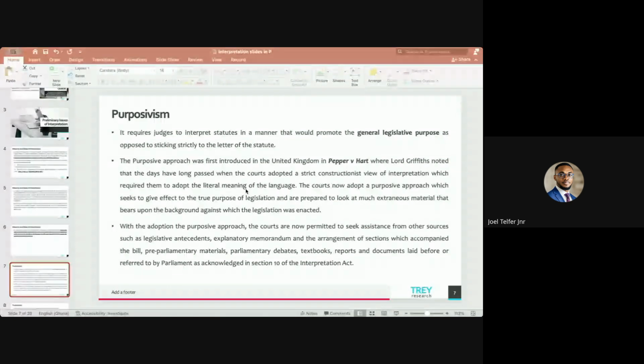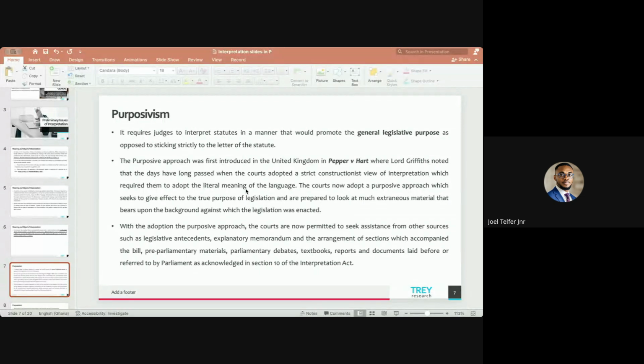And so, in order to understand what the lawmaker intended, it is wrong for you to say, I'm sticking to the four walls of the statute to give effect to same. Remember that we are coming from a place where the idea was that the intention of the lawmaker was fully expressed in the words that he himself used. And so, if there was a drafting error, or if there was something that is not intrinsic in the text, that cannot be considered as material to understanding the true meaning of the text.